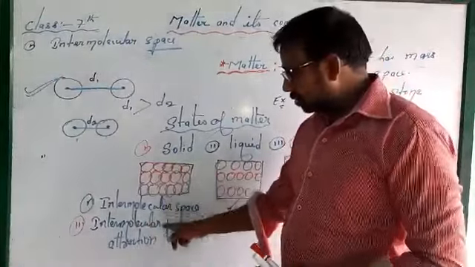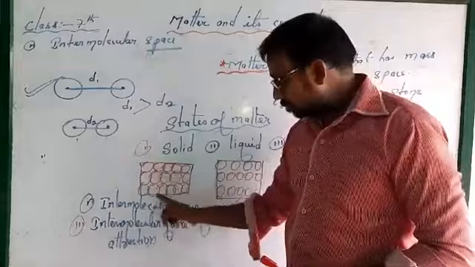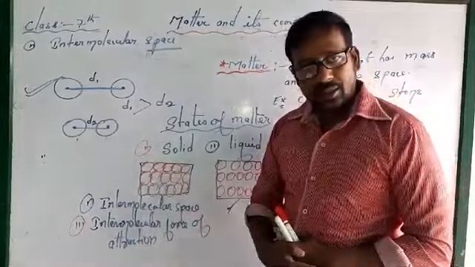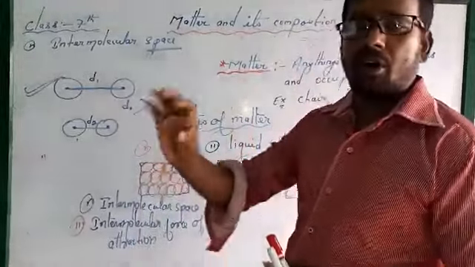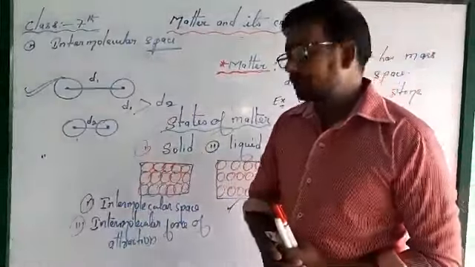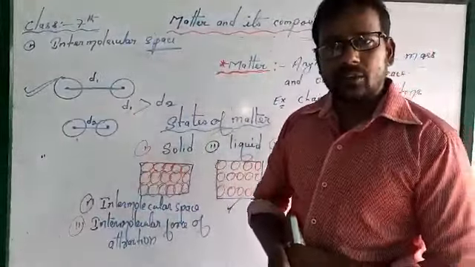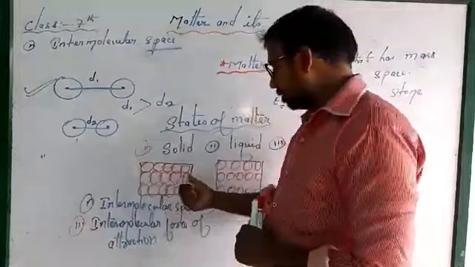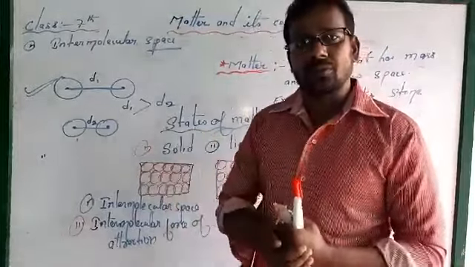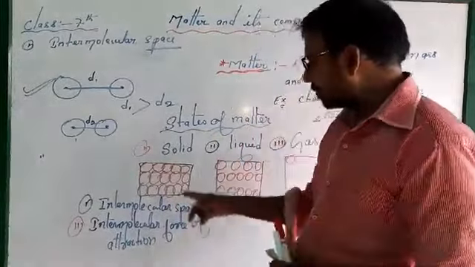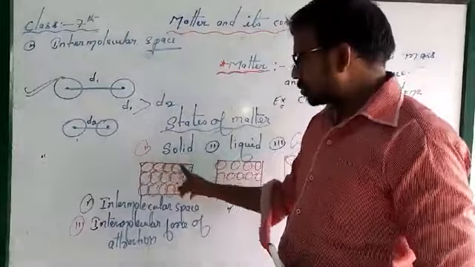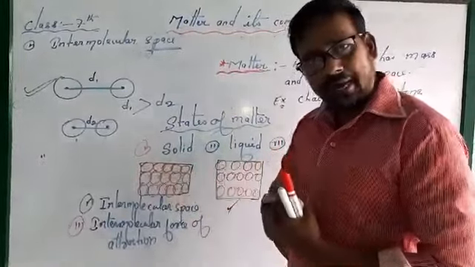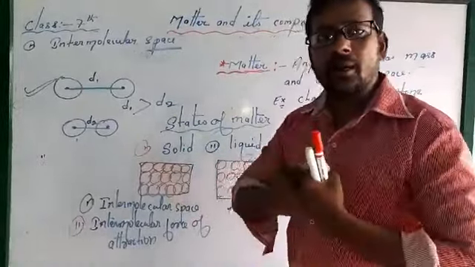These two characteristics are very important for all other characteristics like compressibility, which one can be compressed more. In the case of solid, molecules are closely packed, so it cannot be compressed.